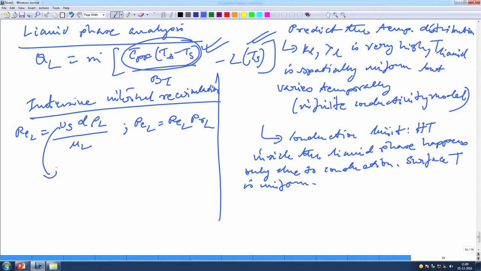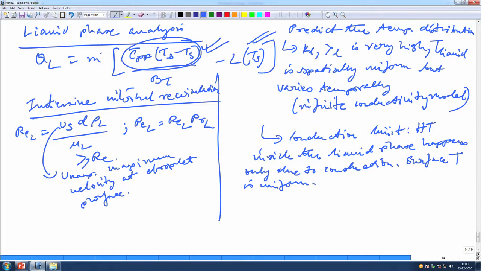This is based on U max, the maximum velocity at the droplet surface. We already said that it is greater than or equal to the normal gas phase Reynolds number.